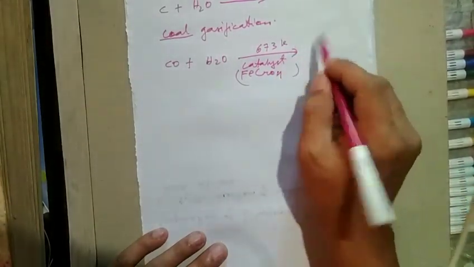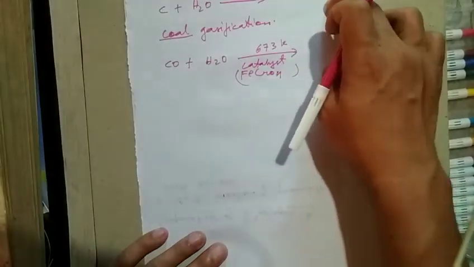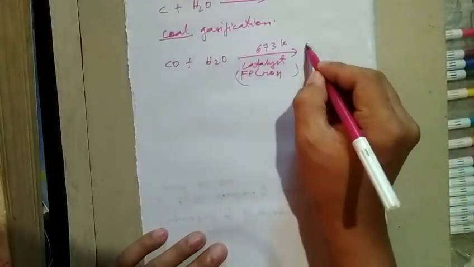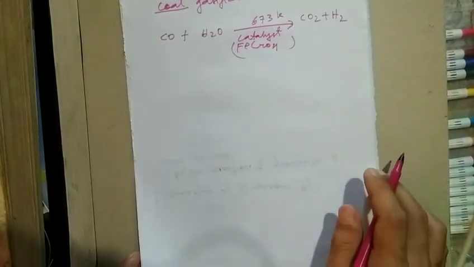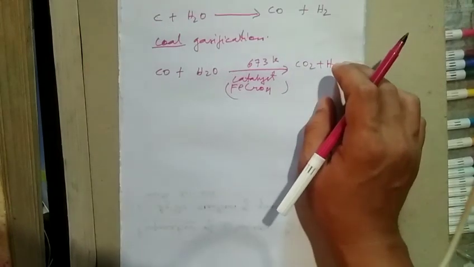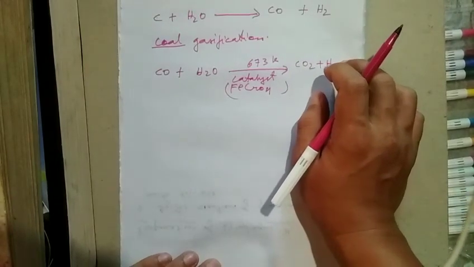In this reaction the production of hydrogen is increased: CO2 plus H2. So this is all for the preparation of dihydrogen.